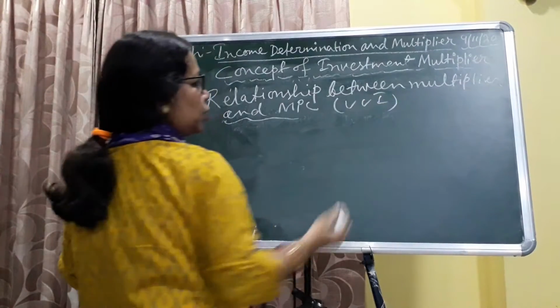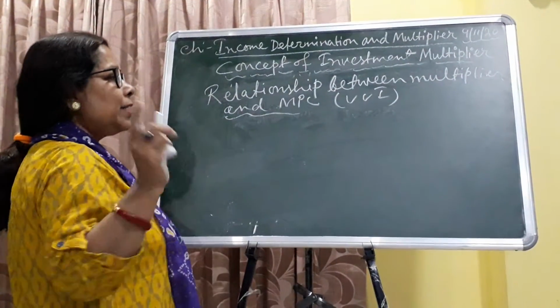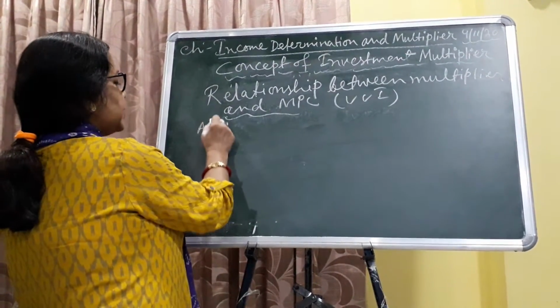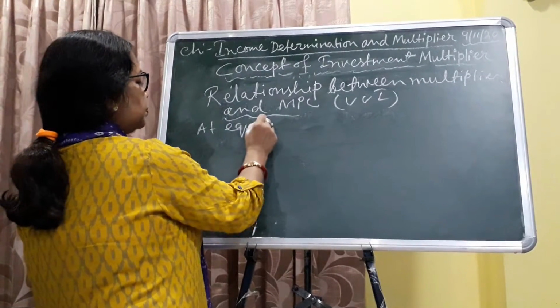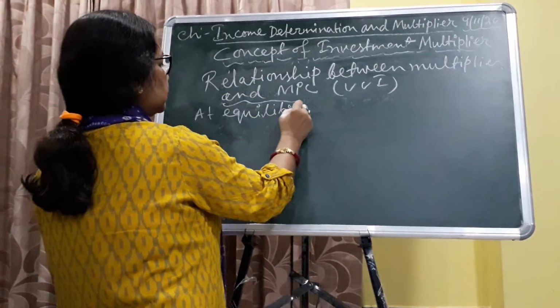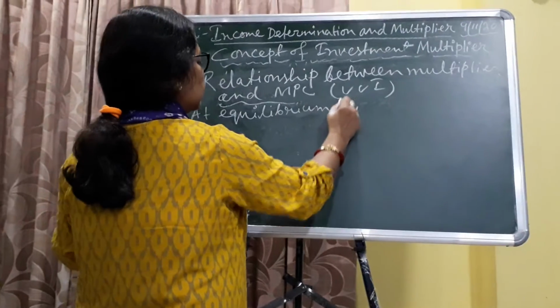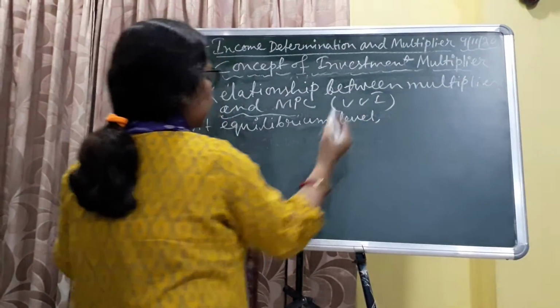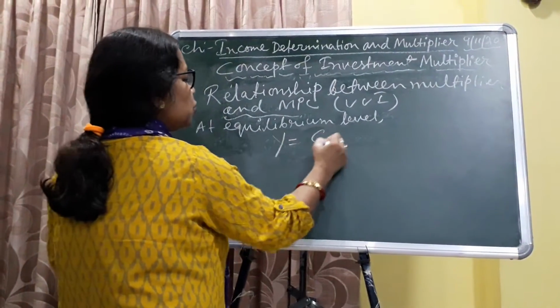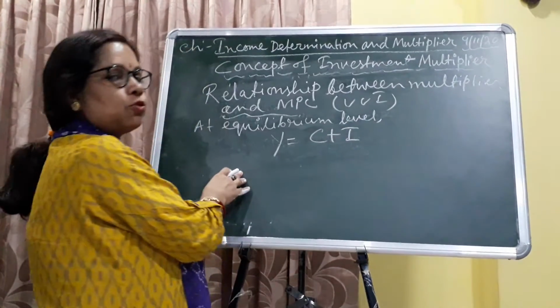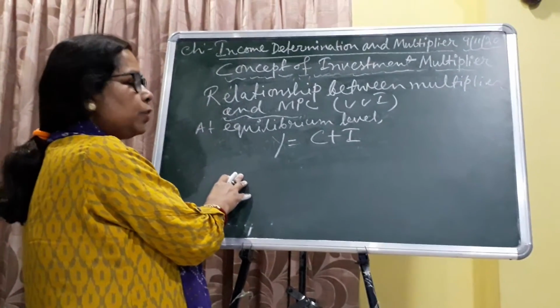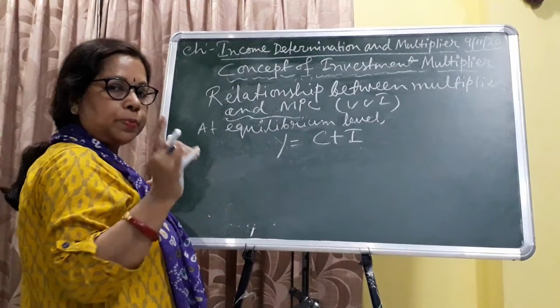VVI, very very important. So at equilibrium level, Y equal to C plus I. This is the equilibrium condition. We have to find out the equilibrium level of income and output.